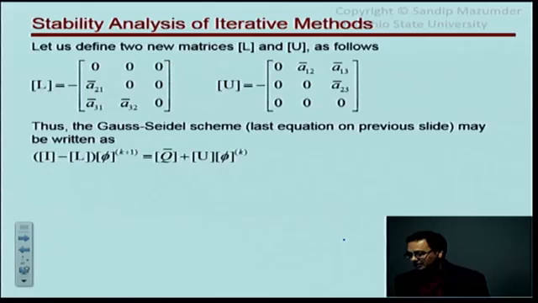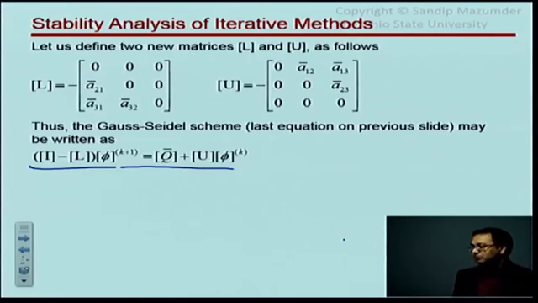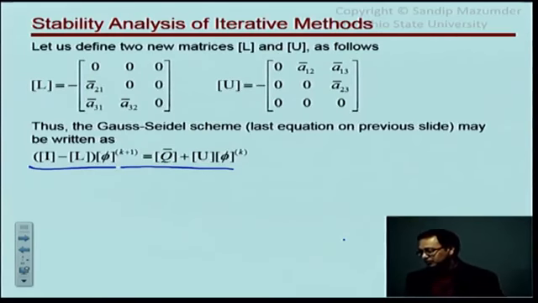When you do that, the last equation on the previous page is written in matrix form like that: I minus L times phi k plus 1 is q bar plus U times phi k. Everybody with me so far?